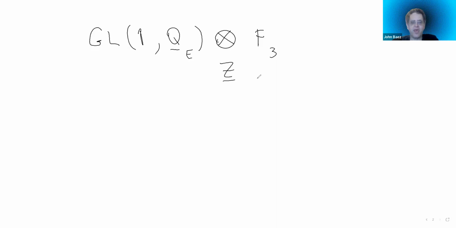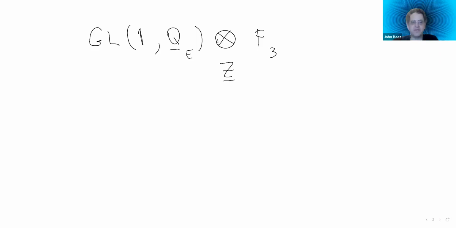There must be all sorts of slicker ways that people talk about this, but I'm fumbling around inventing it for myself. So this is some funny infinite dimensional vector space that you get from a number field, in particular over the 3-element field from the Eisenstein field in this example.